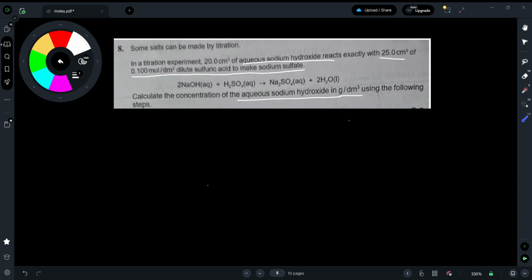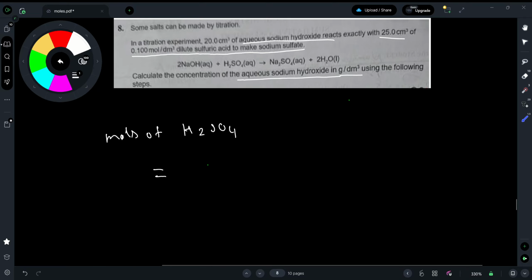So, moles of sulfuric acid, H2SO4. To find this, we have the volume and the concentration of sulfuric acid.